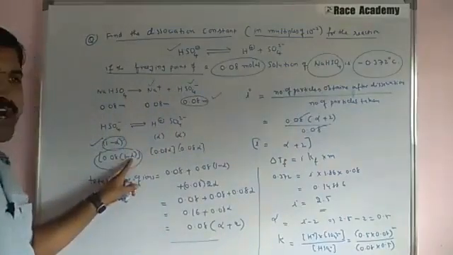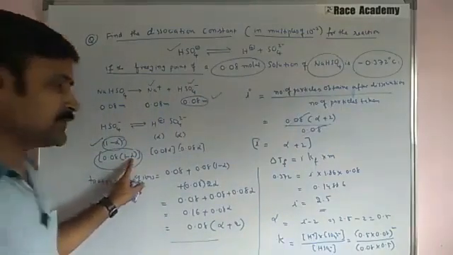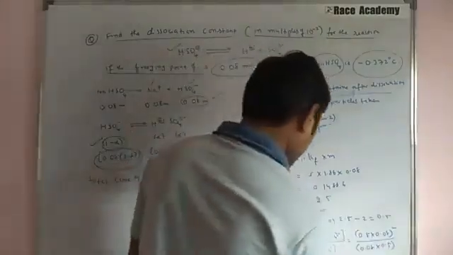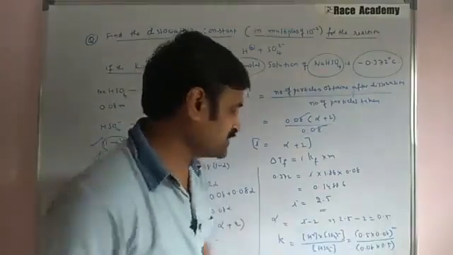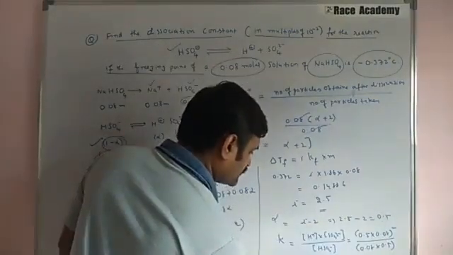Because alpha is 0.5, 1 minus 0.5 is 0.5 only. Now upon cancellation, it is 0.04 came. So 0.04 is the answer.